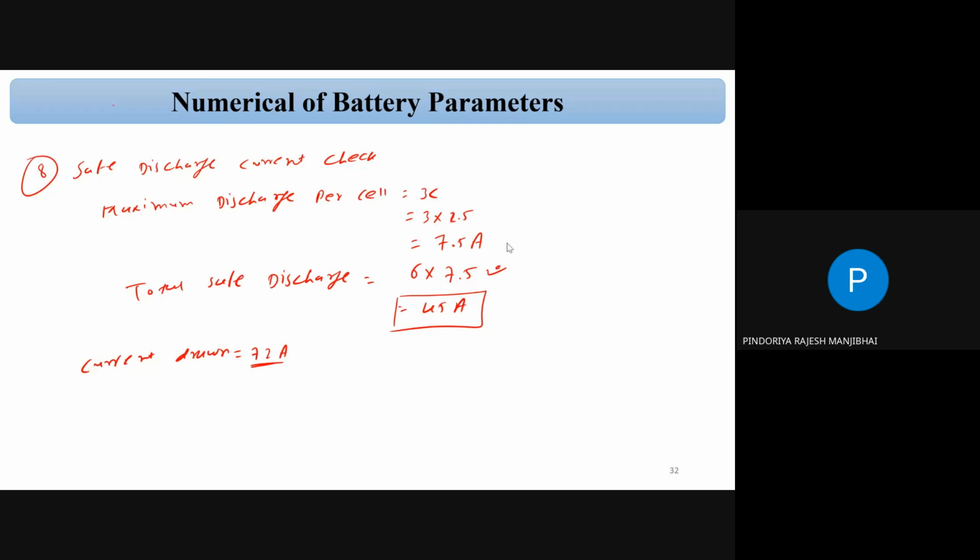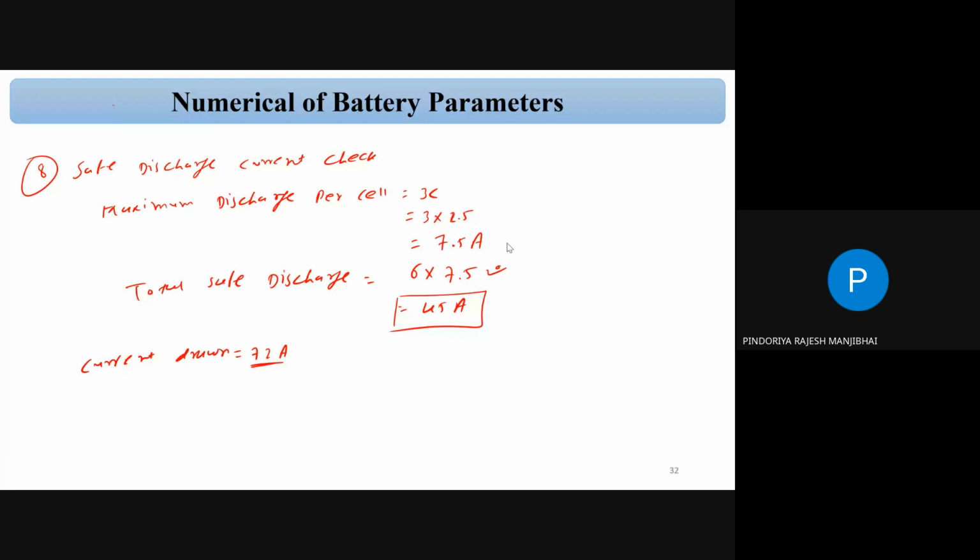In parallel, voltage is the same, and current is distributed. And 7.5 is the current, so we have to take care about the current. In parallel, the current is not the same, it is distributed and voltage is the same. So that's why we have to consider 6, and 6 is your parallel cells. Okay.